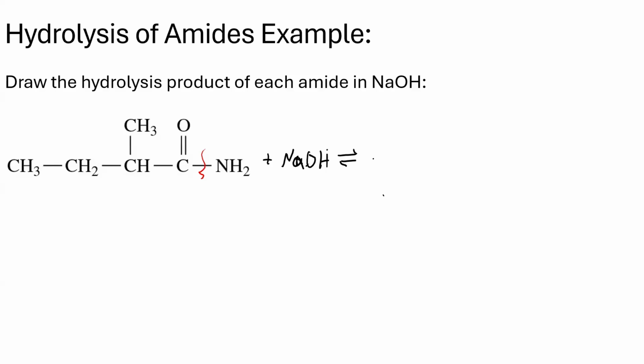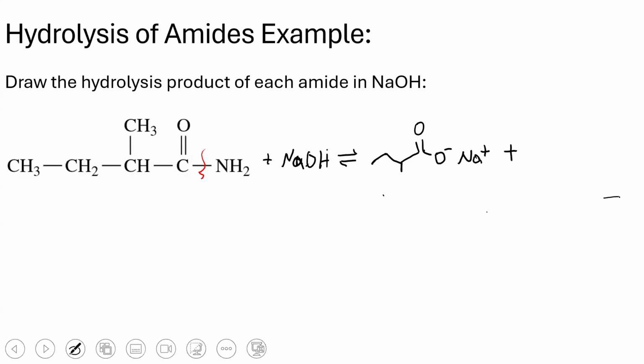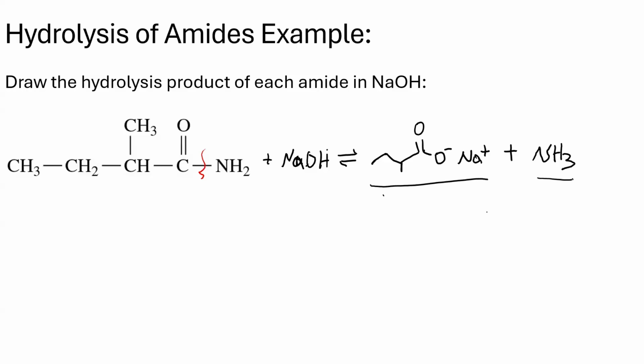So this has 1, 2, 3, 4 carbons, O minus Na plus. And don't forget that extra methyl group at carbon 2. And then we're also forming back our amine, which in this case is just NH3. So we have our carboxylate salt and our amine.